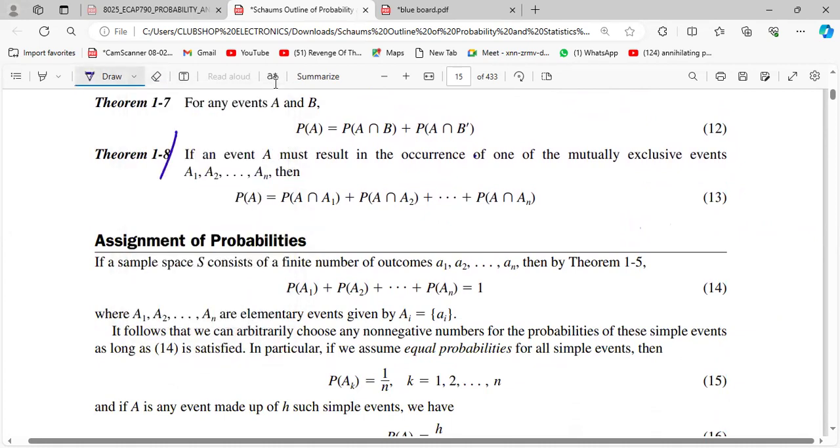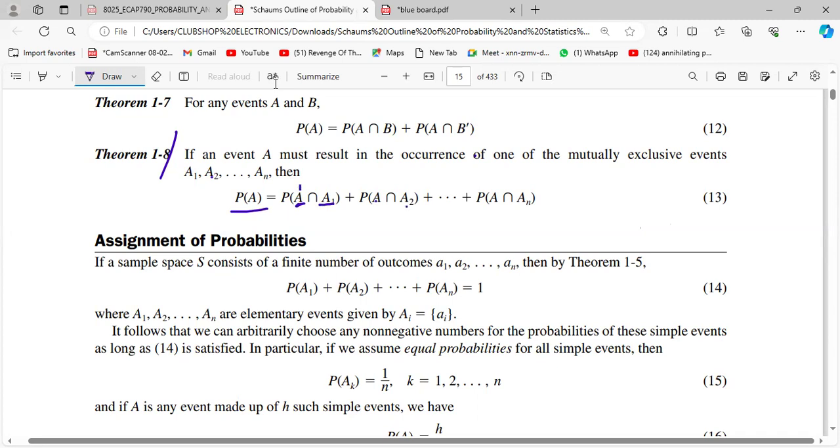Theorem 8. If an event A must result in the occurrence of one of the mutually exclusive events A1, A2 up to AN, then the probability of A will be equal to the probability of A intersection A1 plus A intersection A2 plus so on and so forth.